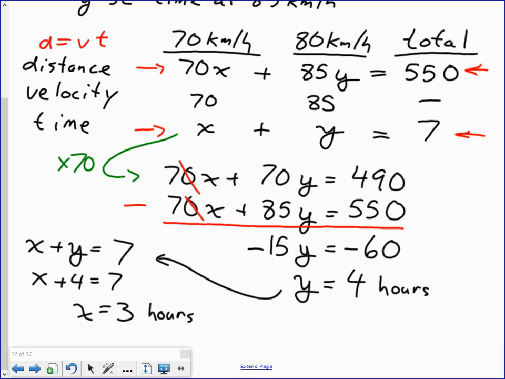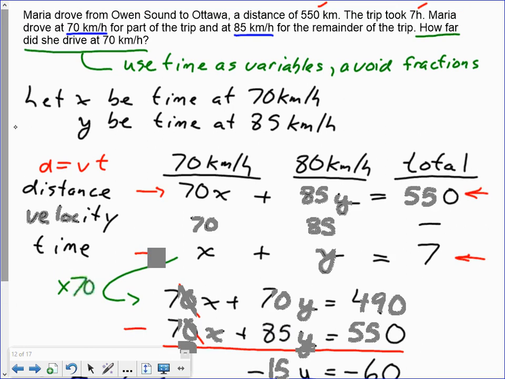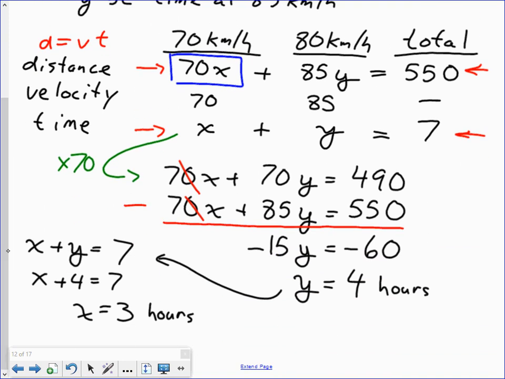Let's go up and refresh our memory on what they were asking us in the question. They're asking us how far did she drive at 70 kilometers per hour? What they really want though is not the times, they want the distance that she drove at 70 kilometers per hour. Well, that's going to be 70x.